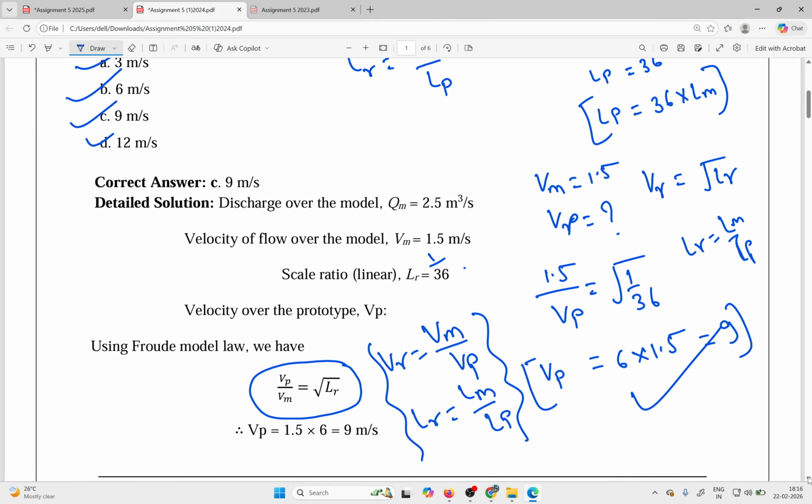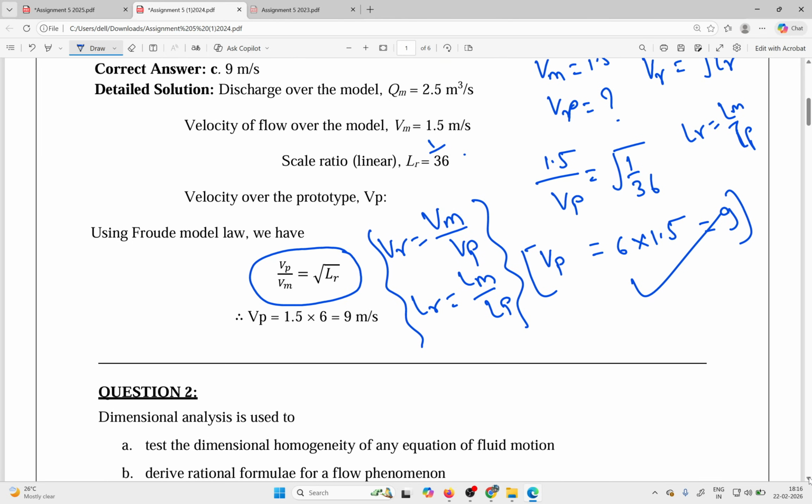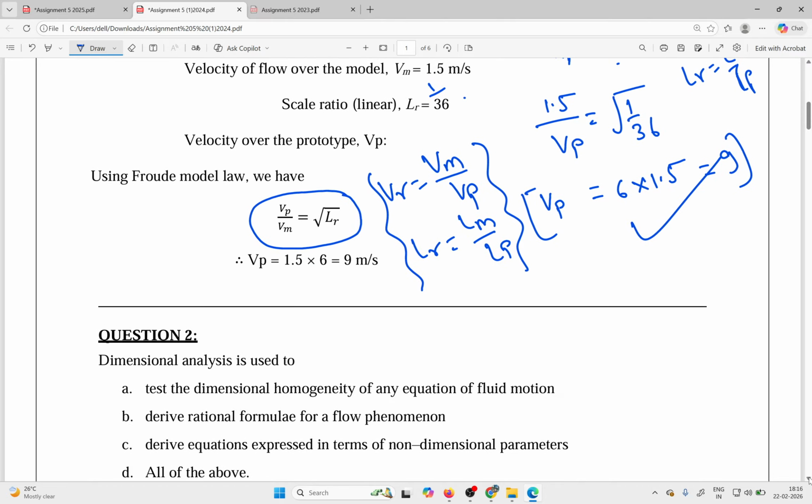Okay, so we'll move on to the next one. Next question is question number two. Dimensional analysis is used to test the dimensional homogeneity of any equation of the fluid motion, derive rational formula for a flow phenomena, derive equation expressed in terms of non-dimensional parameters.